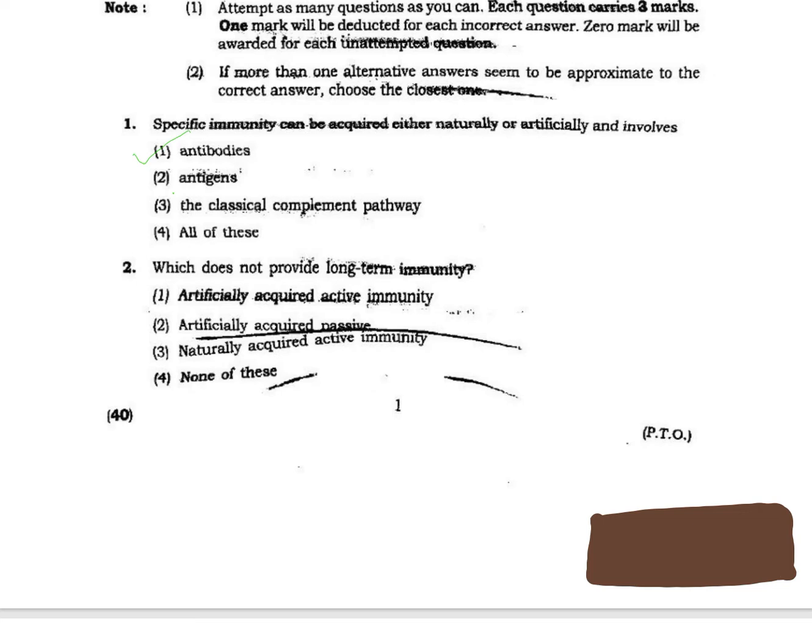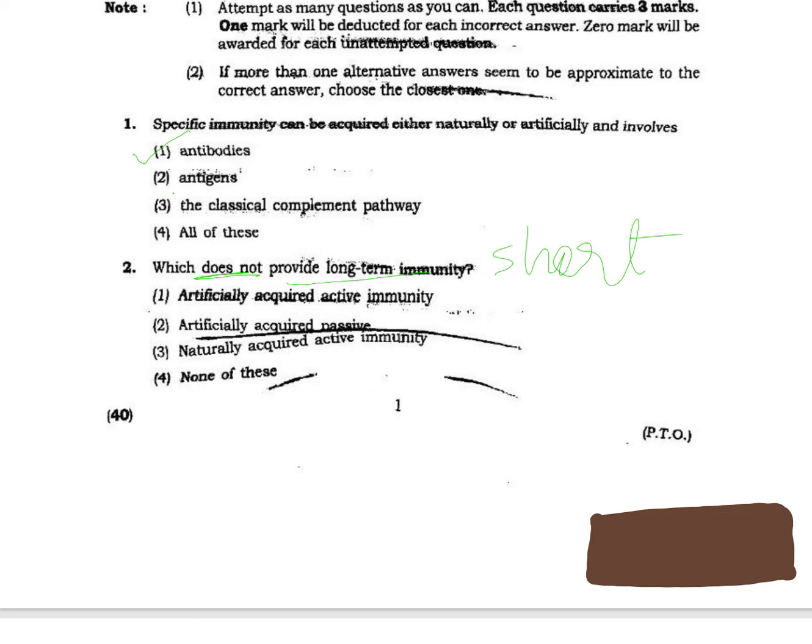Question number 2, which does not provide long-term immunity? The question is asking which does not provide long-term immunity, so that means which one is short-term? Option 1, artificially acquired active immunity. Option 2, artificially acquired passive immunity. Option 3, naturally acquired active immunity.